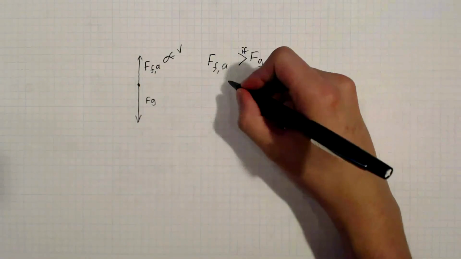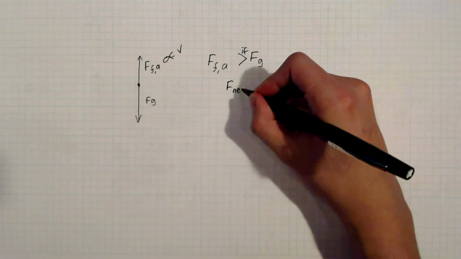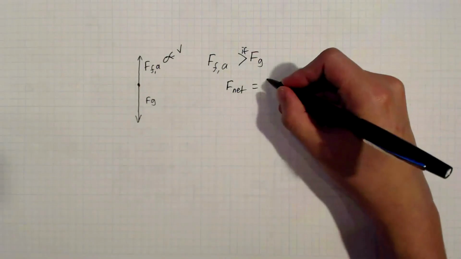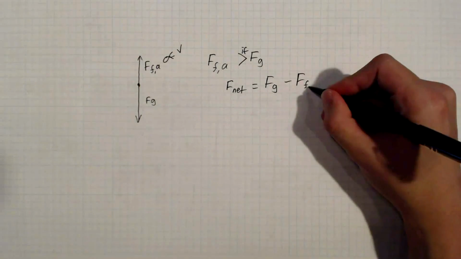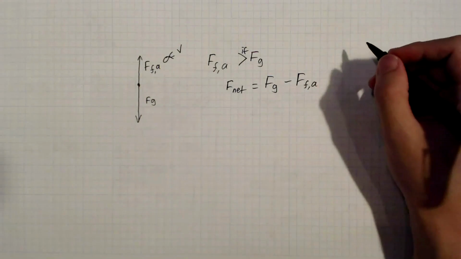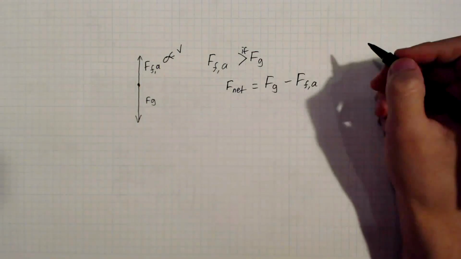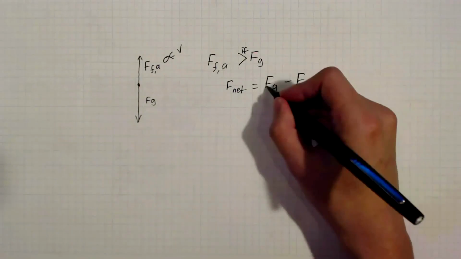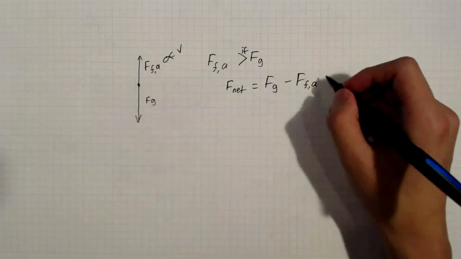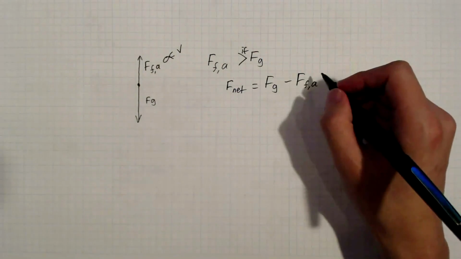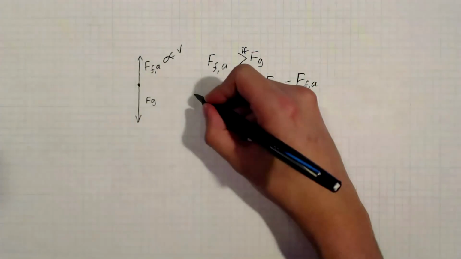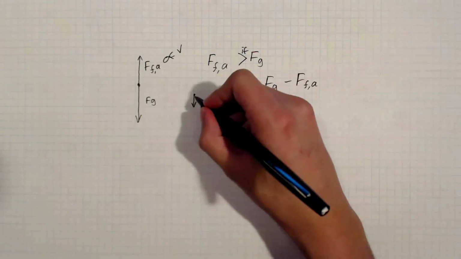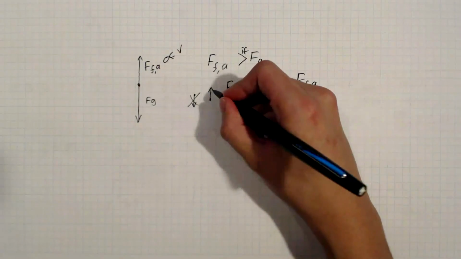then your net force, which is equal to, let's say, your force of gravity, minus the air resistance, instead of being positive and going downwards, is actually going to go upwards.